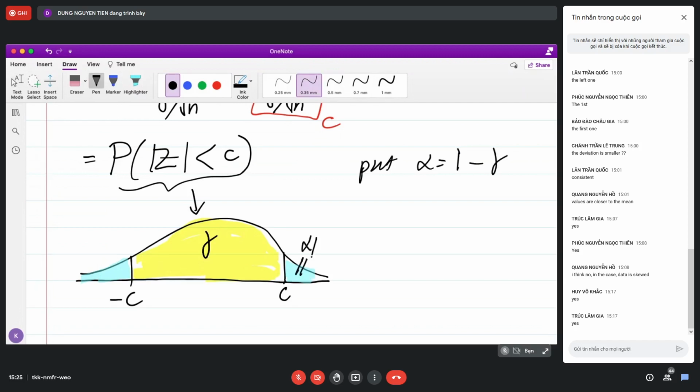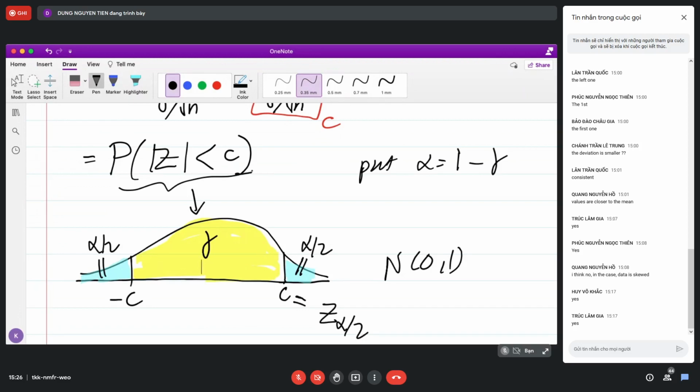So this is alpha over 2, and this is alpha over 2. Is that clear? And this is the standard normal distribution. Then if you remember, this value c is simply the upper alpha over 2 critical point, the point such that the area to the right is alpha over 2.